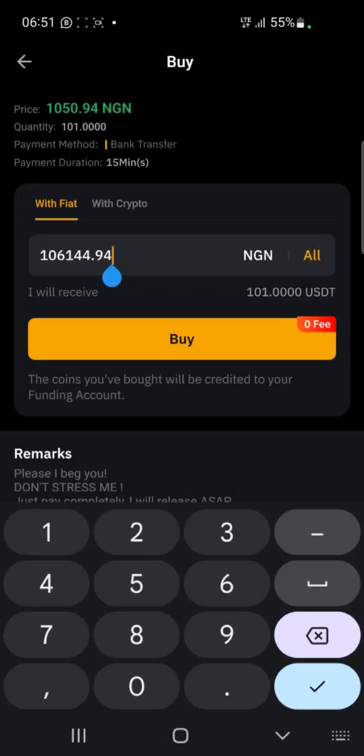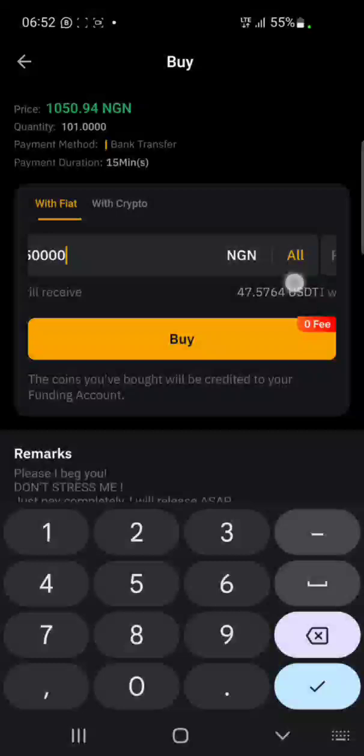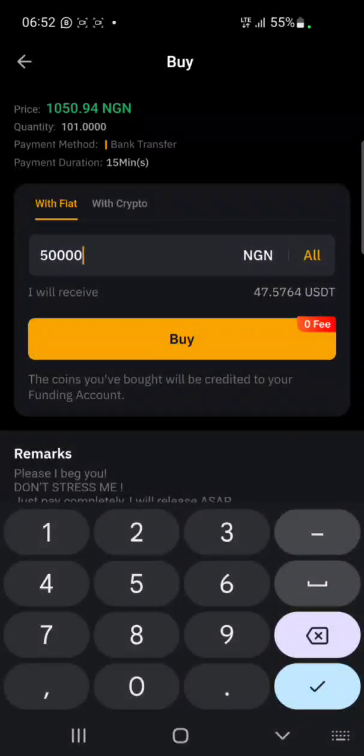So let's say I want to buy 50,000 naira worth. Any amount you write here, it will show the equivalent of this amount down here. So you already see that 50,000 naira is equivalent to 47.5764 USDT. Then you click on buy.